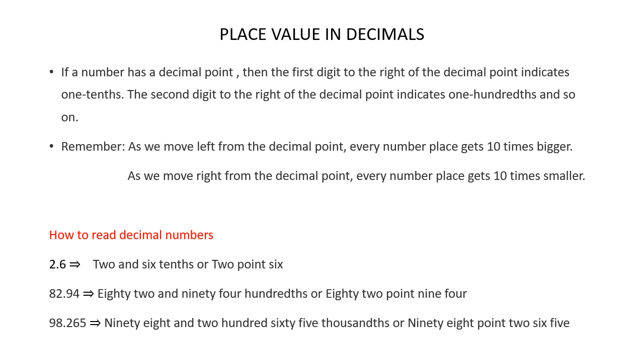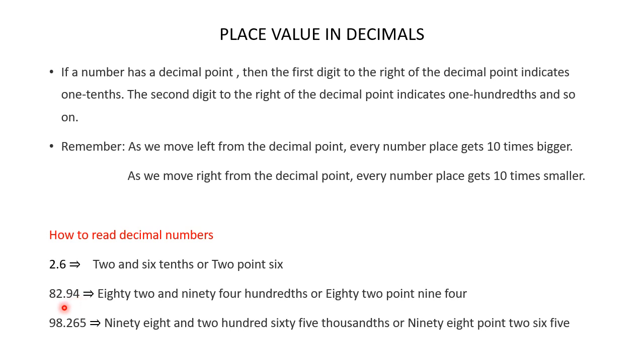Now let's learn how to read decimal numbers. Look at this number. This is read as 2 and 6 tenths, or 2.6. Here 6 is in the tenths place. So this number is read as 2 and 6 tenths. Now look at this number. Here 4 is in the hundredths place.